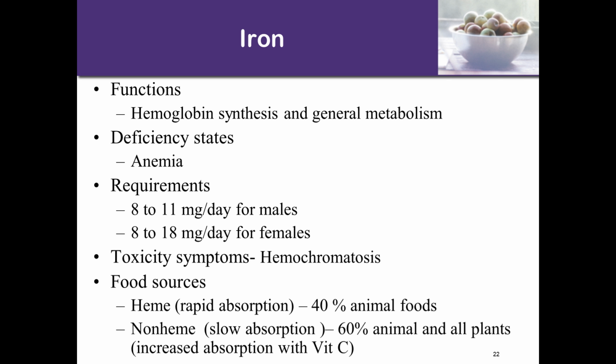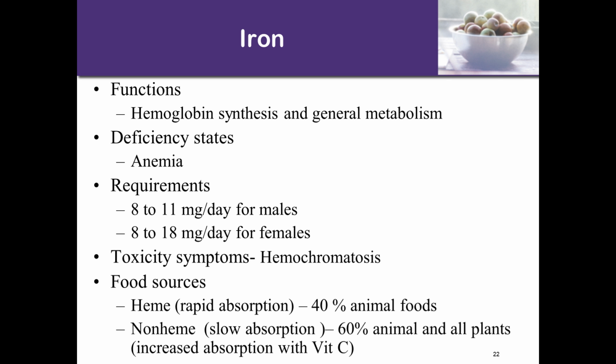And that condition is known as anemia. Requirement is 8 to 11 mg per day for males and 8 to 18 mg per day for females, because in females the requirement of iron is more, due to the menstruation cycle that occurs every month.